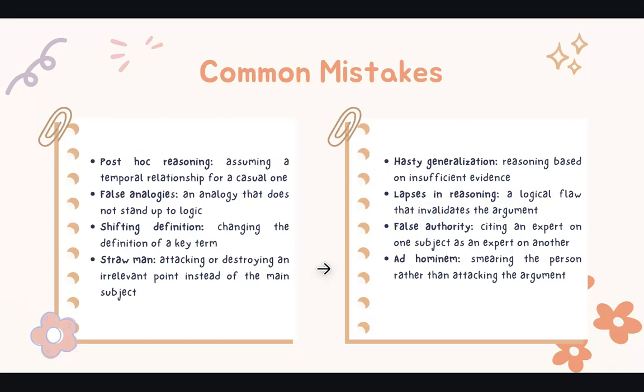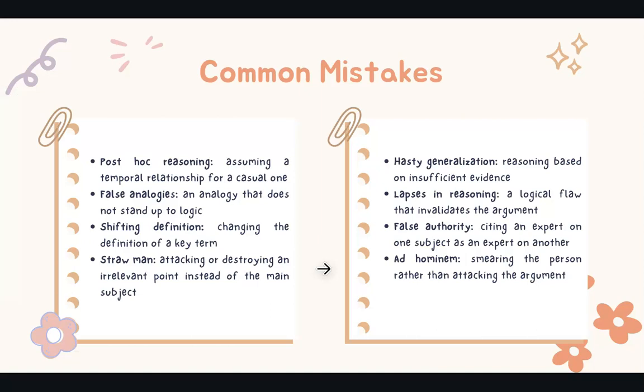Straw man is another one that I feel like is very easy to do, especially coming down to the tail end of the paper, when you're running out of things to say and you're just focusing on something that is not relevant, and we really need to stay on topic. And then ad hominem is smearing the person rather than attacking the argument. You're just going off topic again, kind of like straw man.